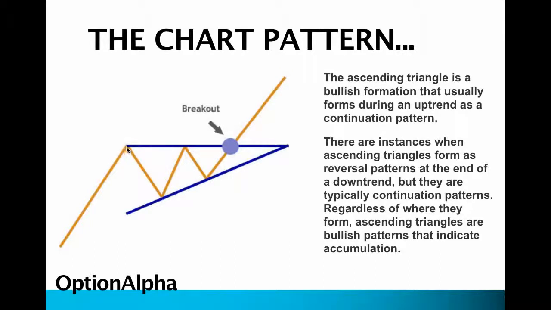The reason they call it an ascending triangle is because the bottom line here is ascending upwards, and that really indicates the bullish momentum and building of this breakout that's going to happen. The key to remember with this pattern is that the breakout has to occur before the stock continues through the pattern.